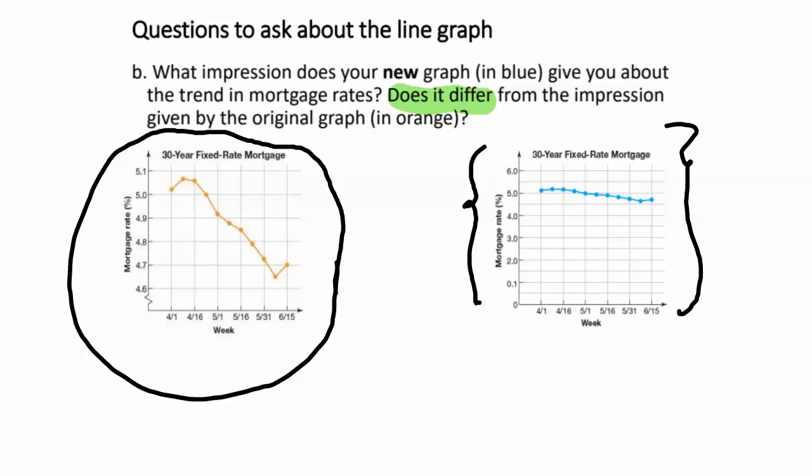But after I get to 2.0, everything stays the same. Okay. Now, what impression does your new graph, the graph in blue, give you about the trend in mortgage rates? Does it differ from the impression given by the original graph that we just saw?